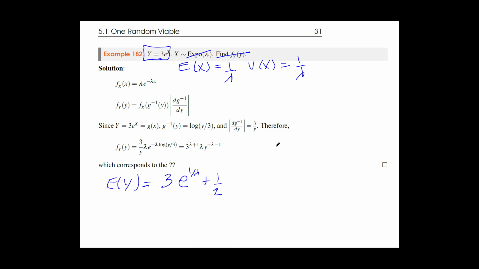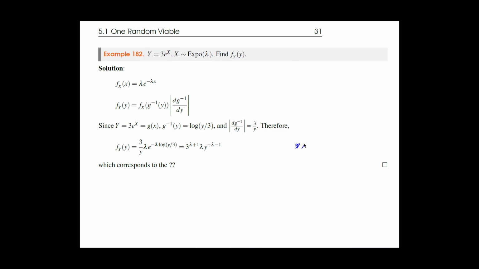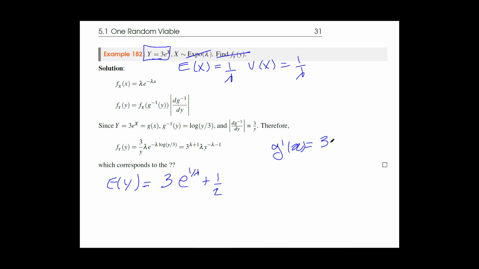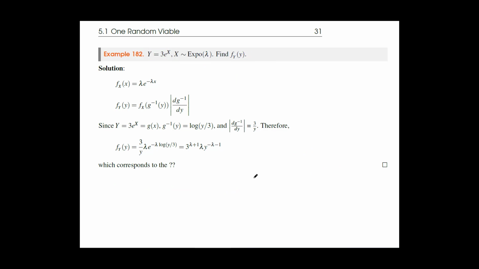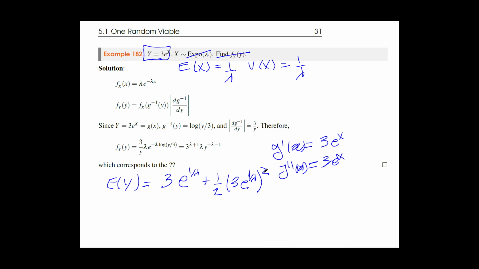In this case, g prime of x is 3e to the x. Also, g second of x is 3e to the x. They're all the same. So 1/2, the second derivative, 3 times e to the x. Again, we always evaluate at mu, the expected value of x, which is 1 over lambda, and this guy goes squared.